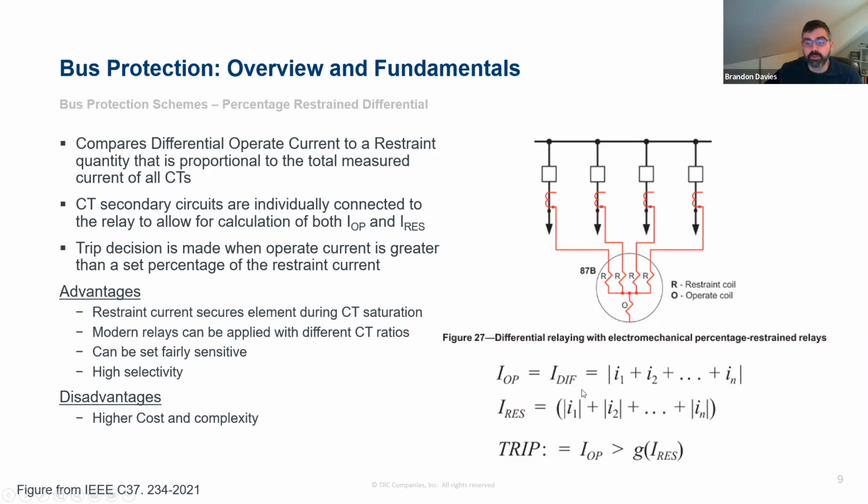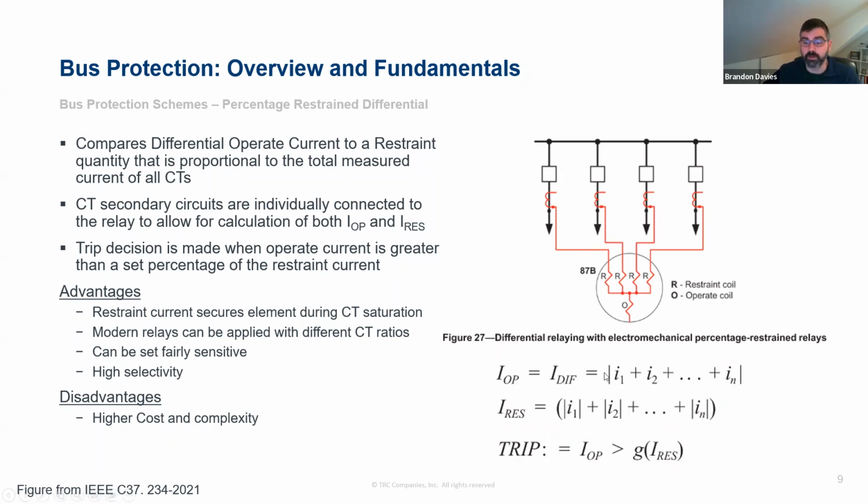So I've got a few calculations or equations down here. You can see the top one, the IOP, or the operate current, is your differential current. So we're taking the vector sum of all measured currents into the bus. So this is 1, 2, and then however many breakers. In this example here, you'd have 4 currents wired in and summed together to calculate that operate current.